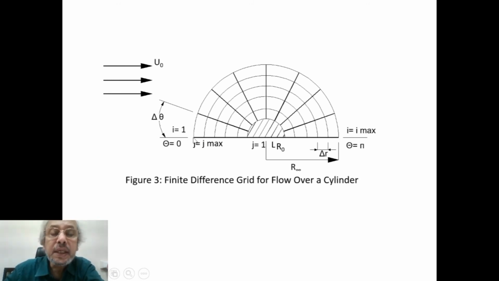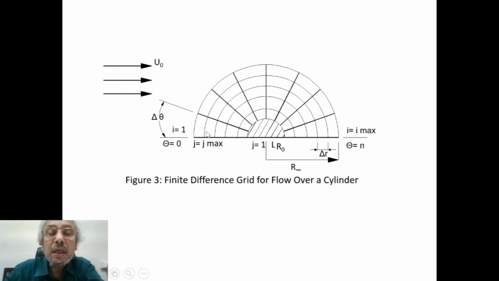So basically theta equal to 0 will be described by one surface, and theta equal to pi is another extreme, and j equal to j max for all the thetas, that is j equal to j max is the boundary at r equal to r infinity.